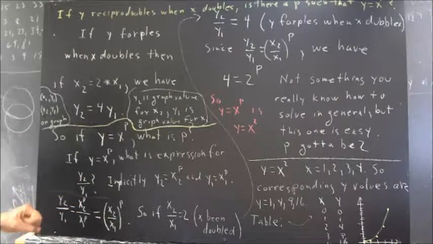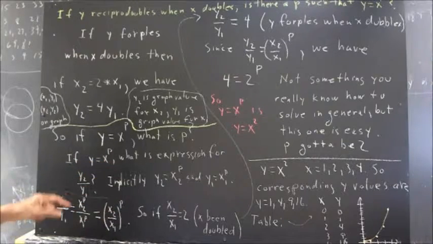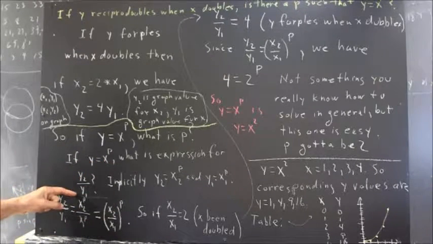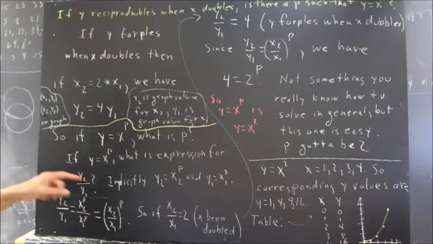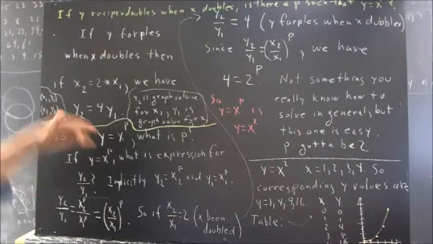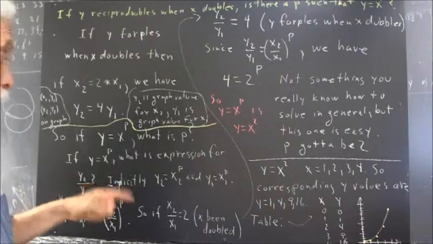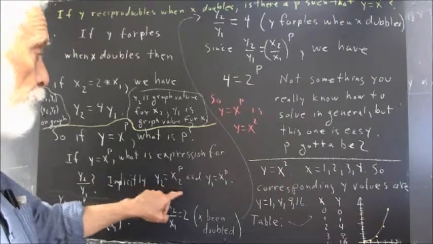Now, if y equals x to the p, then what's the expression for y2 divided by y1? Well, it's implicit in what's been said here, and it's almost explicit. It's implicit, though, that y2 is x2 to the p.